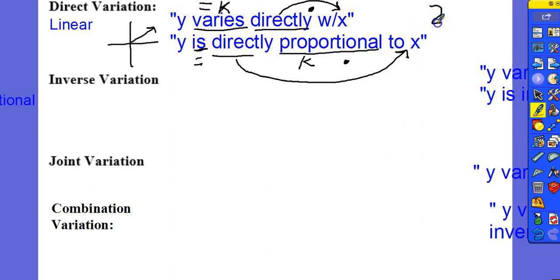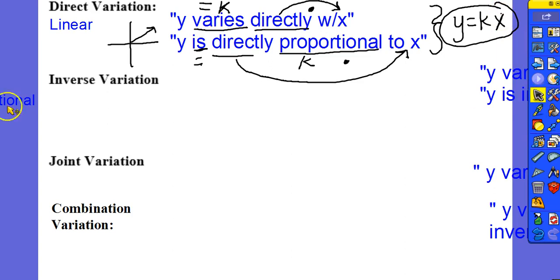So this equation looks like this: y varies directly with x. Linear. The k is your slope. Instead of mx plus b, it's just kx. So you're looking for the word direct to tell you that this is your setup for your equation.